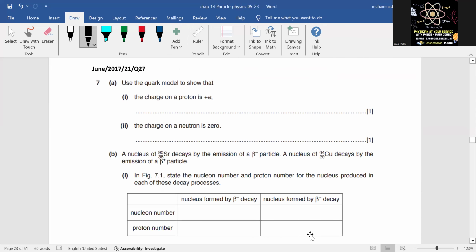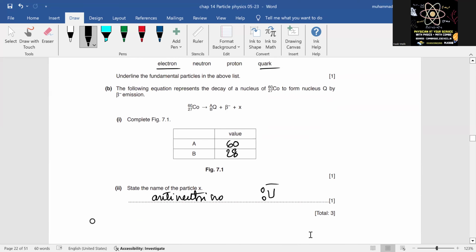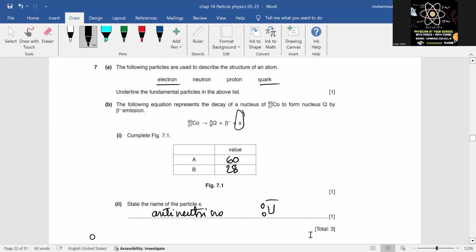Okay, Irfan, that's a neutrino. It doesn't have the bar above it, right? Shouldn't it have a bar, anti-neutrino? Beta positive decay is what gives a neutrino.